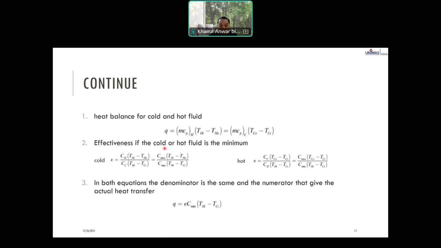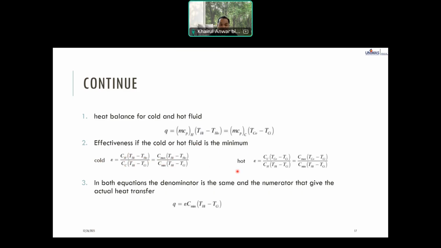Effectiveness, if the cold fluid is the minimum, is called epsilon: C hot (THI minus THO) over C cold, over THI minus TCI, equal to C max over C min.